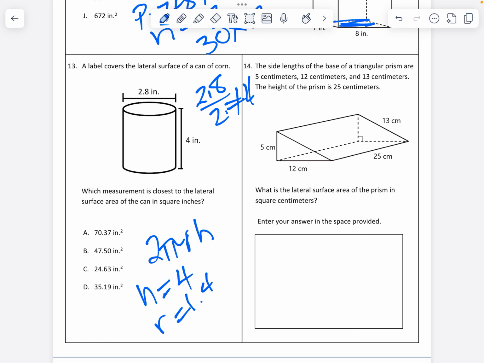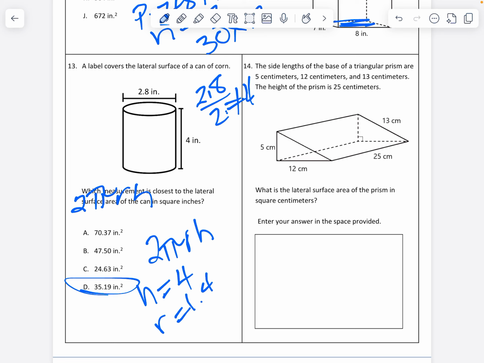Then I can plug it into the formula: 2 times pi times radius times height, which is 4. And I get 35.19, which is right here.